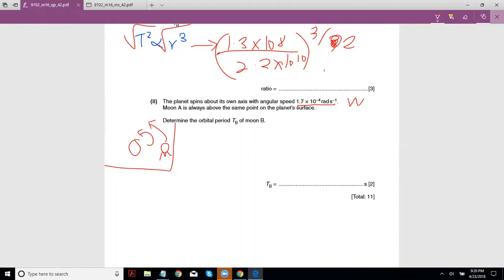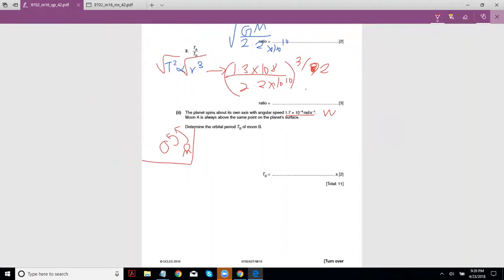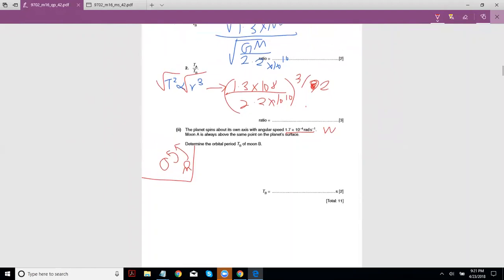A moon is a satellite. But पता करना है आपको orbital period TB of moon B.